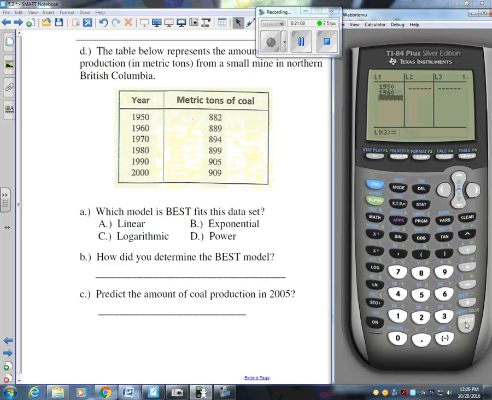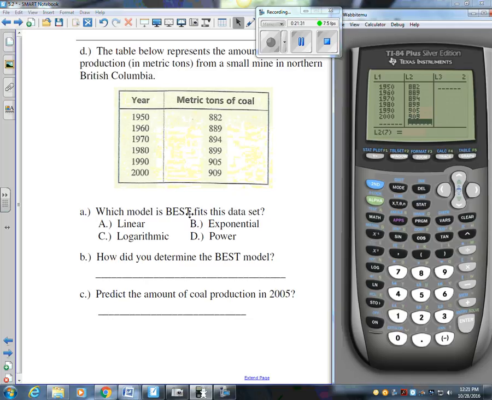The x values are 1950, 1960, 1970, 1980, 1990, and 2000, and the y values are 882, 889, 894, 899, 905, 909.